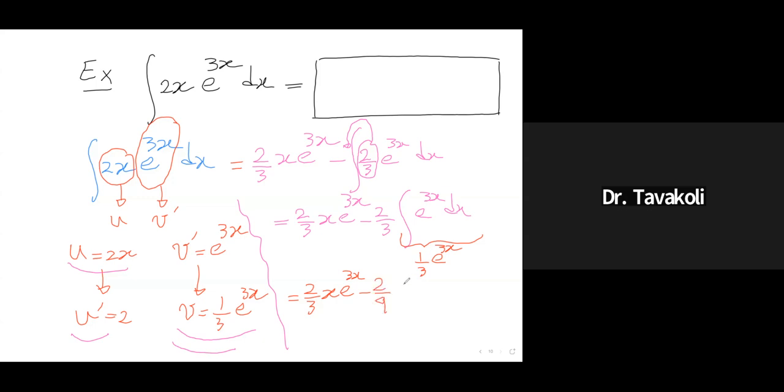And e to the power of 3x plus c. Let me repeat that final answer here. So 2/3 x times e to the power of 3x minus 2/9 e to the power of 3x plus c.